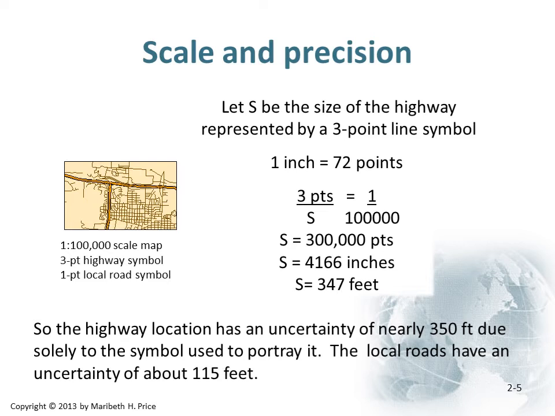Now, the reason this becomes important is someday you may be doing work that involves things like wetland remediation. In other words, we had to destroy a wetland to put in a road.